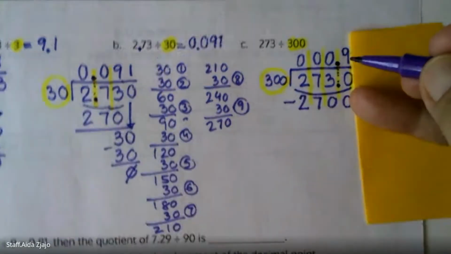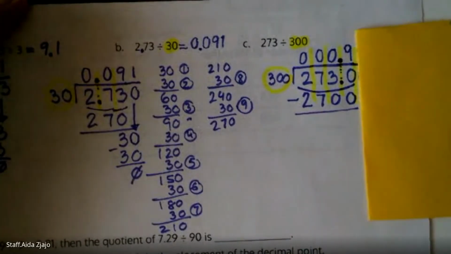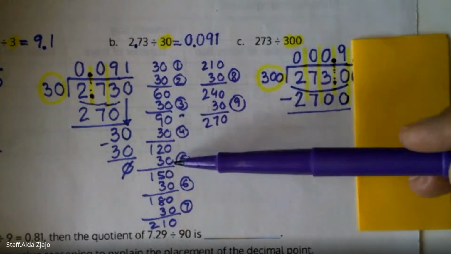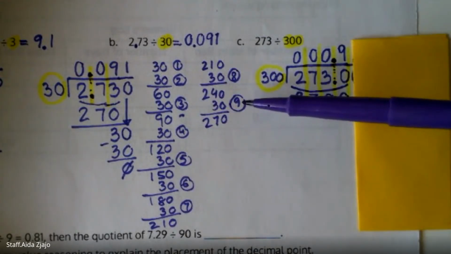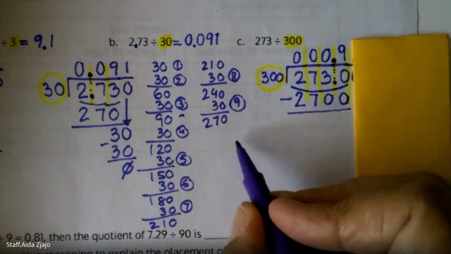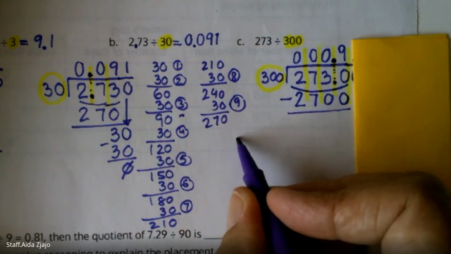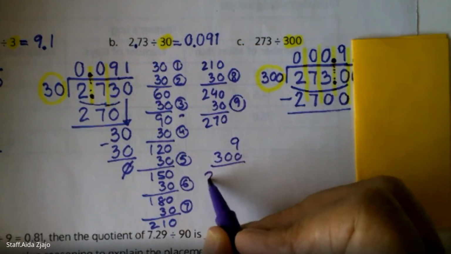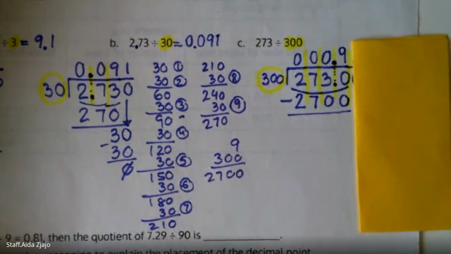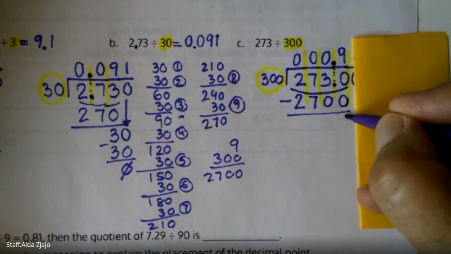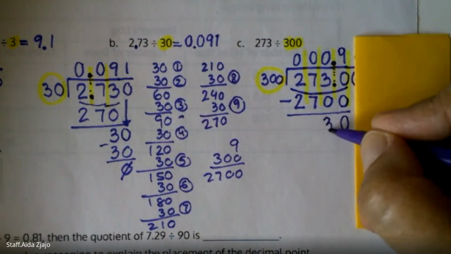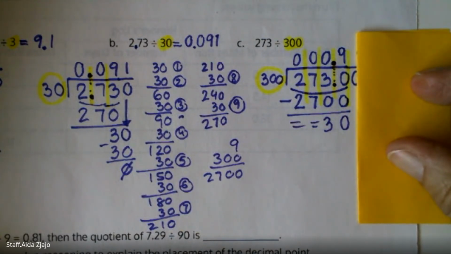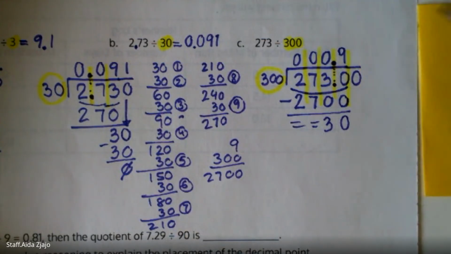If I add 300 plus 300 plus 300 and so on, it would be 9 times 300, which is going to be 2,700. So now you can see there is a remainder of 30.